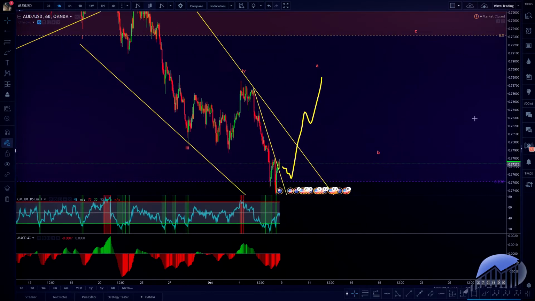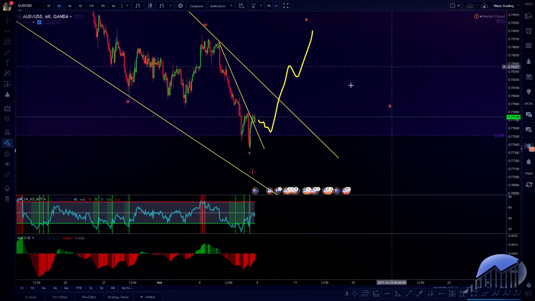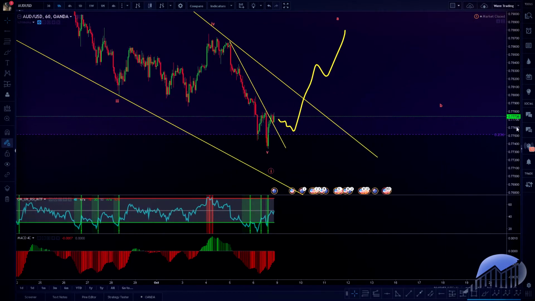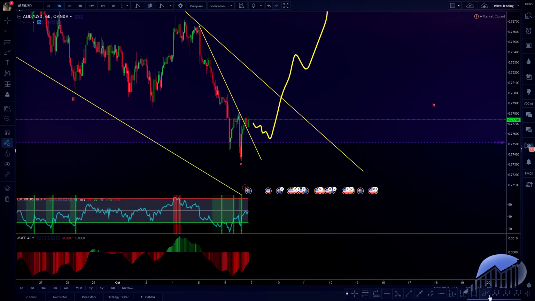However, obviously we're not going to buy just blindly. We're going to actually have a look at the price action. So as I've indicated on here for myself, this flag pattern is going to be great to buy if it does form during the Asian session on Sunday evening / Monday morning.